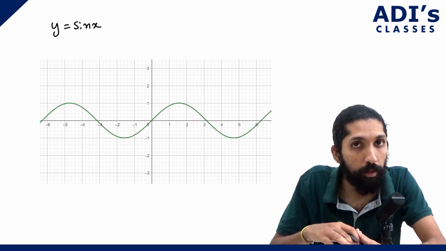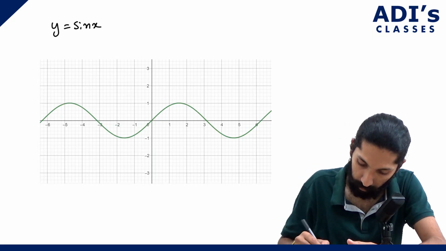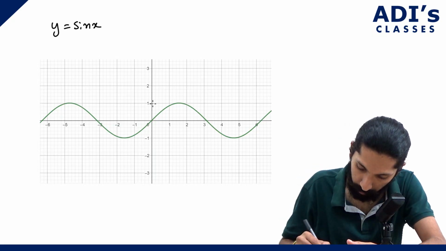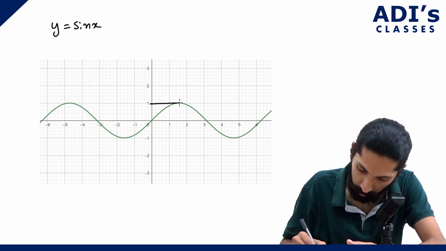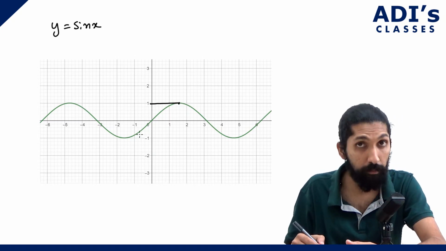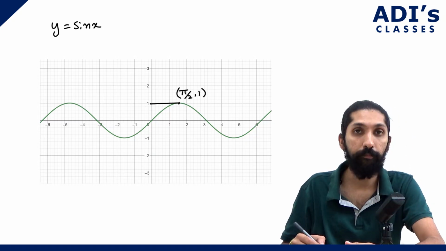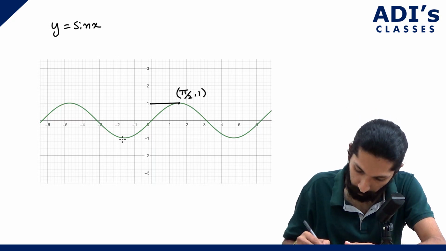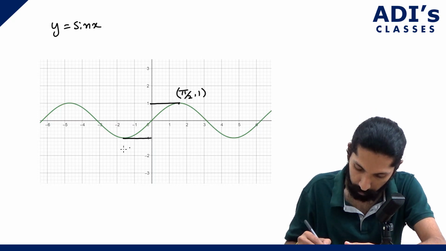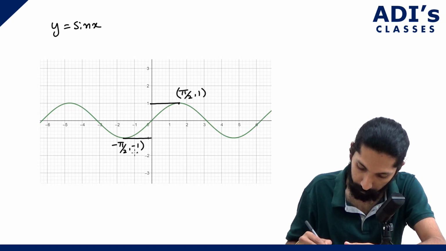A very important parameter is, if you see this point, this is basically the maximum value. So we can say that this is pi by 2, comma 1. Same thing, this point is going to be minus pi by 2, comma minus 1.